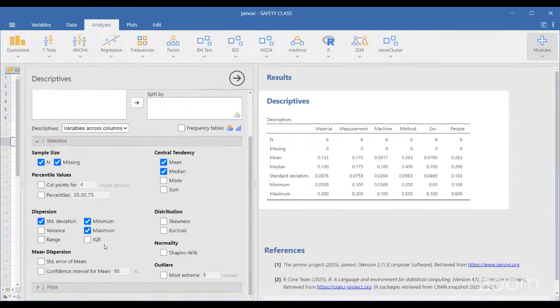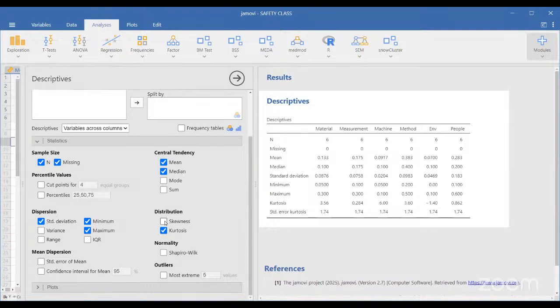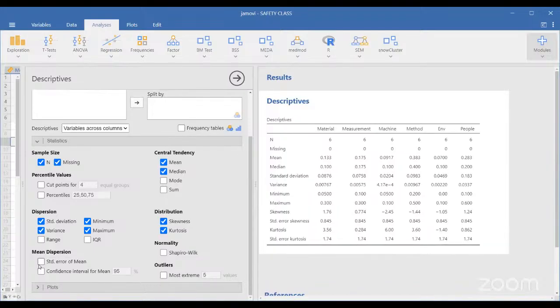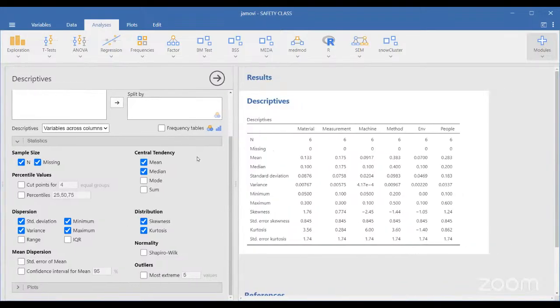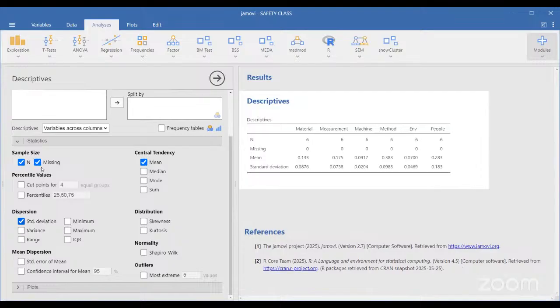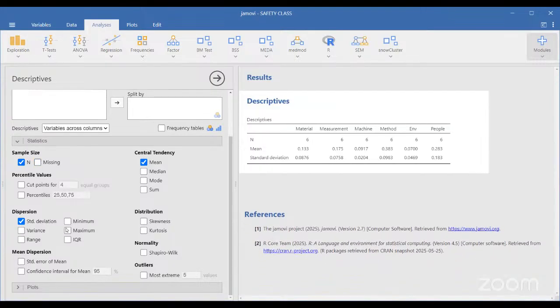Statistics, yes. You show only mean and SD. Correct.